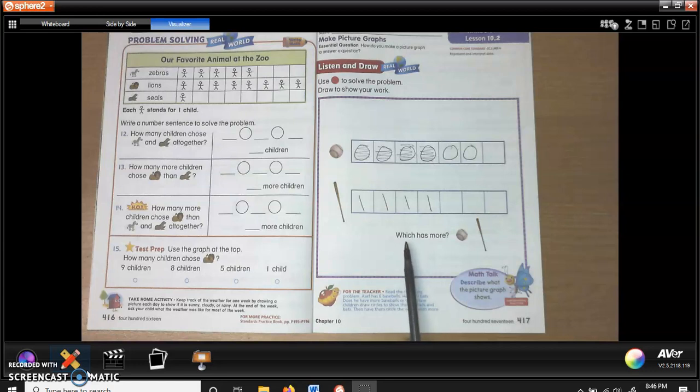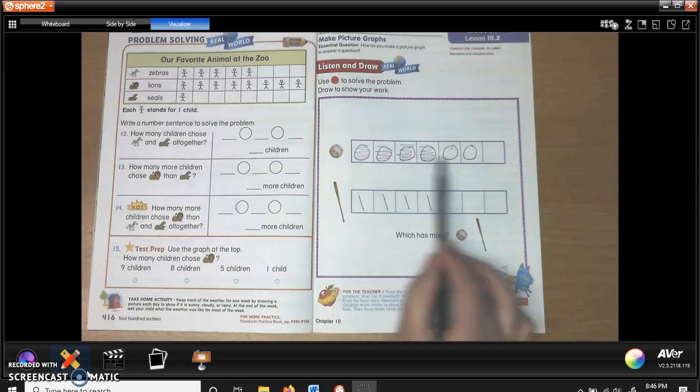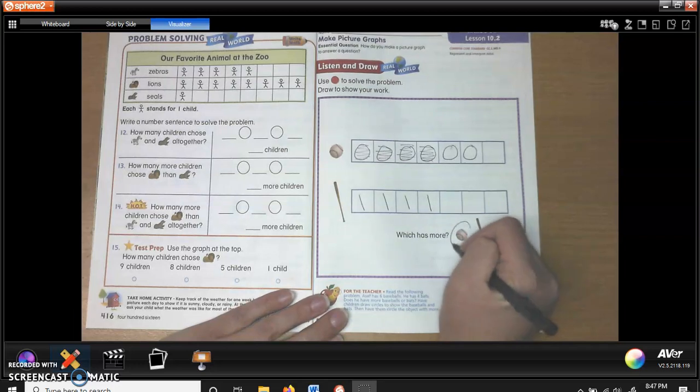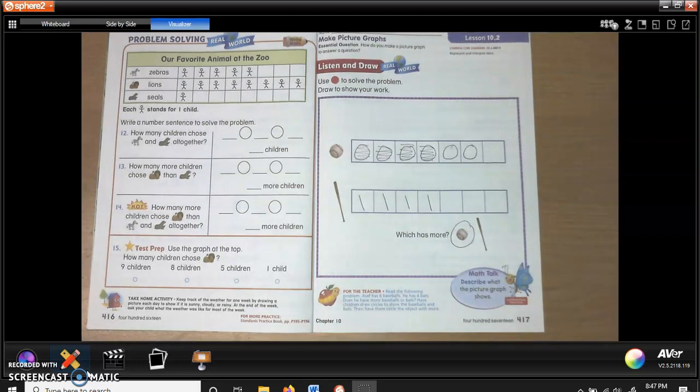They want us to answer which has more. Are there more baseballs or are there more bats? Go ahead and circle the correct answer. Okay, if you circled baseballs, go ahead and give yourself a round of applause or pat on the back. Nice job.